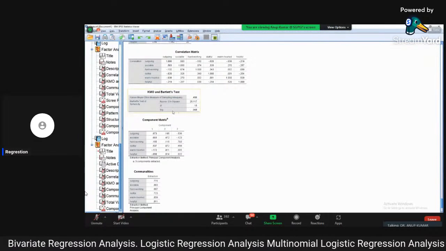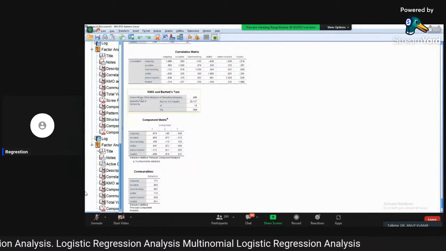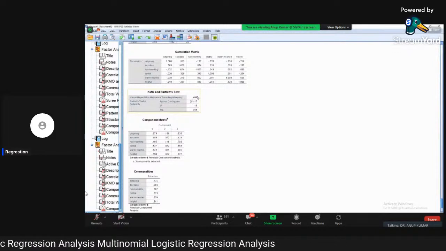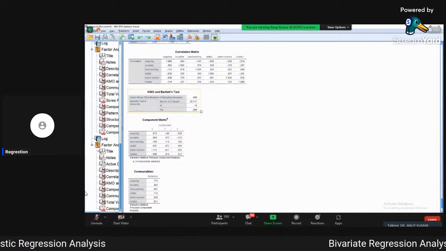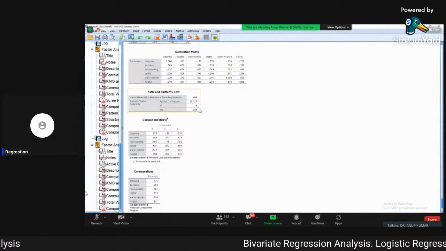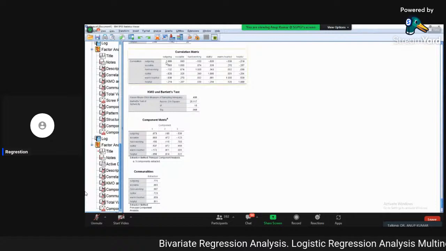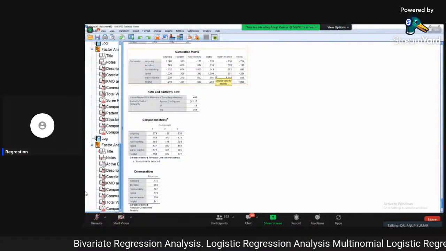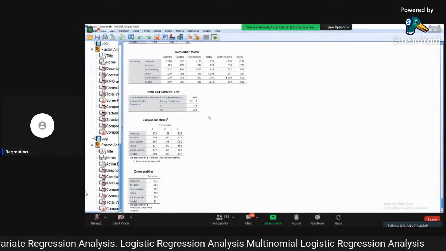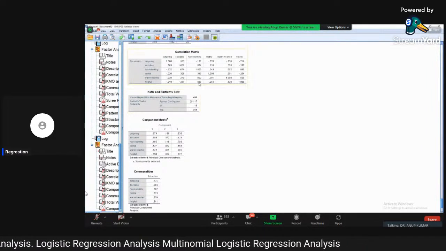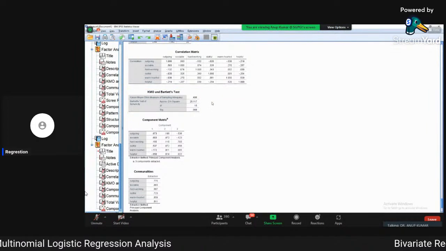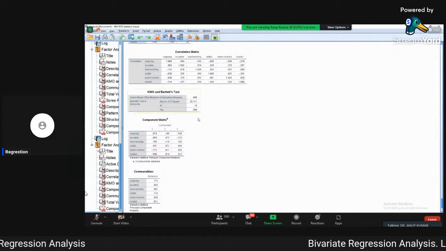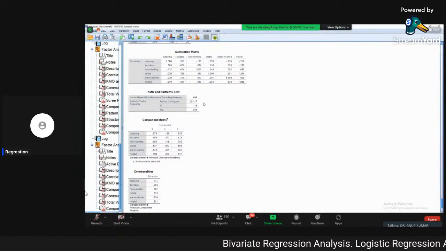Because of this, you can see that the KMO test is not above 0.50, and also the Bartlett test is very close to the significance level. So I can say that this data is not very good for doing the factor analysis. But still, if you want to, you can proceed. But the statistics suggest that this is not good. The reason may be the small sample size. We have only 20 observations.